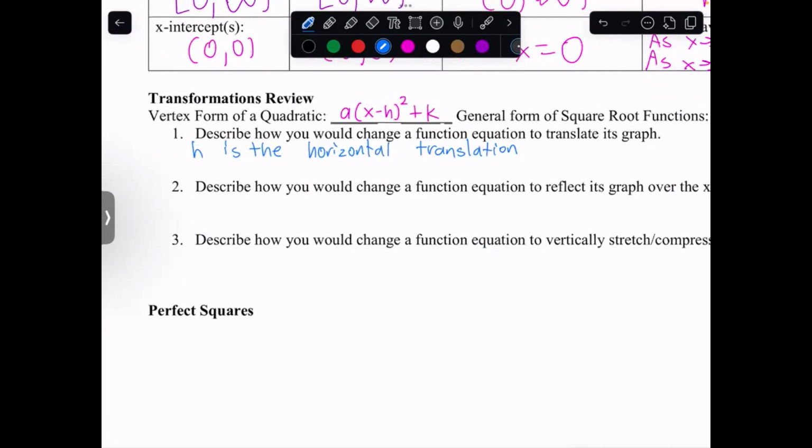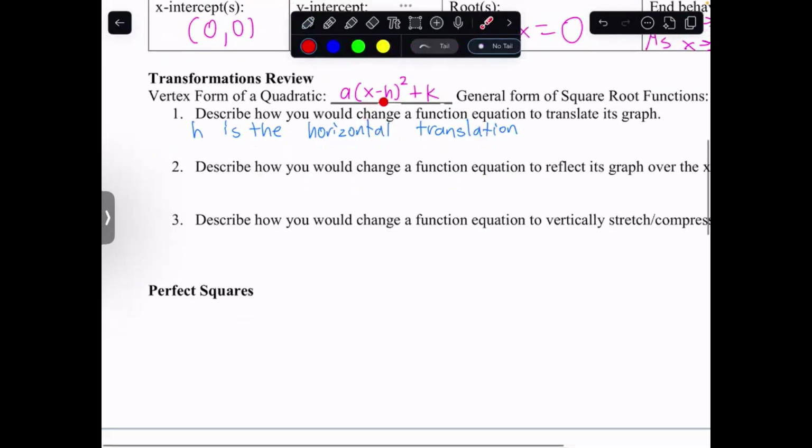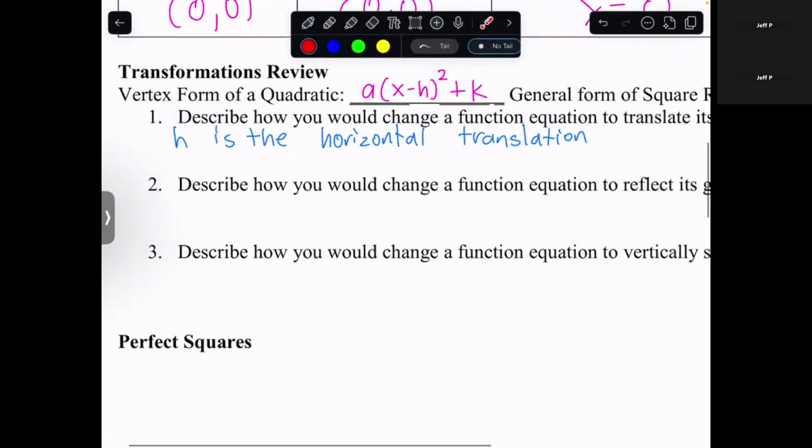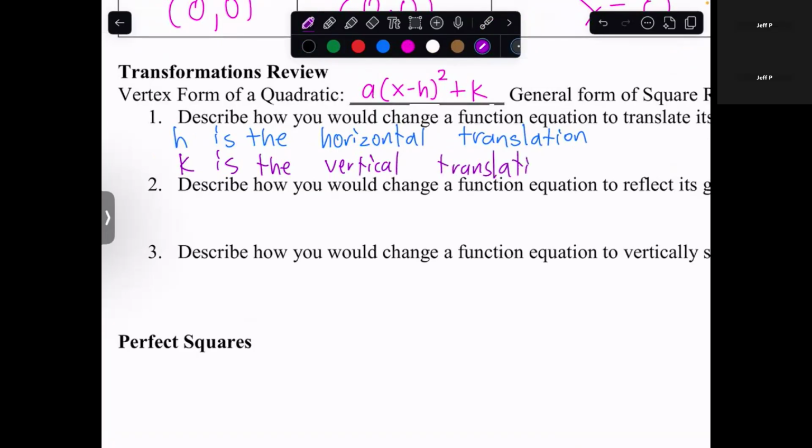This is always the tricky one because it's x minus h. So h is basically the opposite of what it looks like. And then k is going to be your vertical translation. k tells you how many units you translated either up or down.